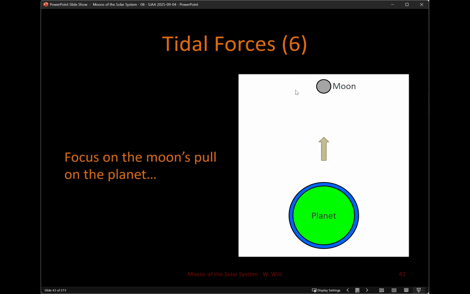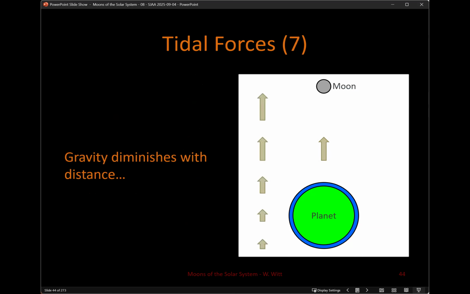And so, okay, now let's focus on the moon's pull on the planet, right? So we just said the moon exerts some gravitational pull on the planet. And we should think a little bit about how gravity works. Gravity diminishes with distance. So the farther I get away from something, the weaker its gravity effect on me becomes. So the moon pulling on the planet, right?